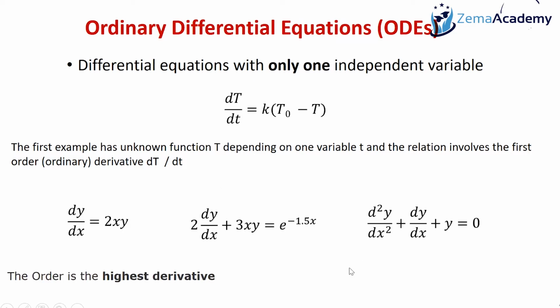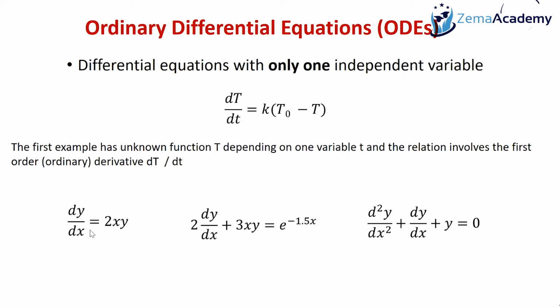The last one is d square y over dx square plus dy by dx plus y. Now this y can be any function of x. What you should focus on is the term in the denominator, the term with respect to which you are differentiating the function.